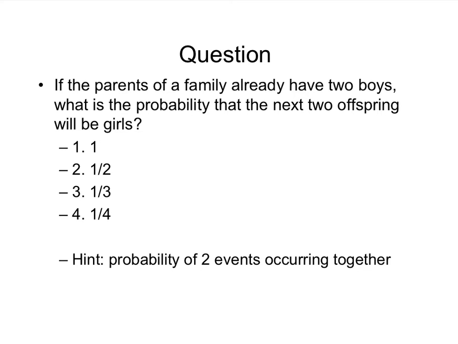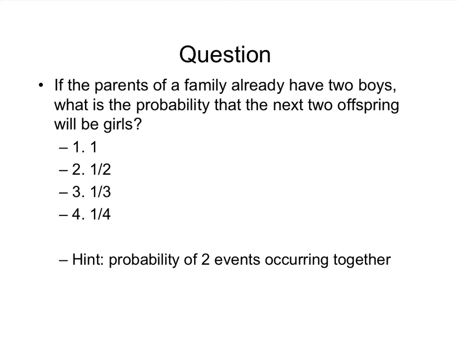Well, for the next 2 offspring to happen, that's 2 trials, right? So what are the chances of it being a girl and a girl? What are the chances of all this happening together?